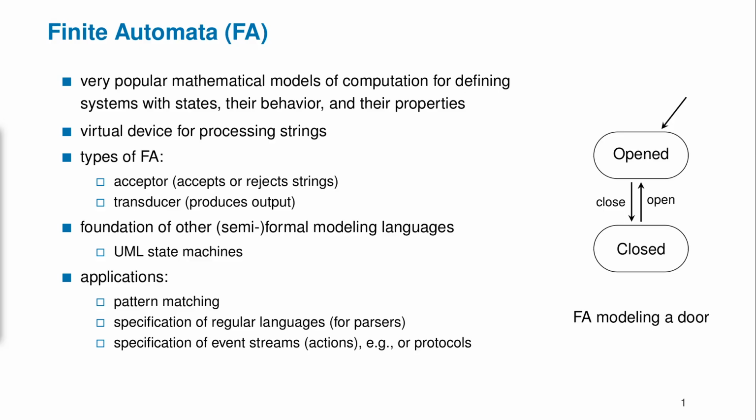So the question we are interested in is, given a sequence of actions, a trace produced by a program, is this conforming to the specification? And so here we are dealing with events or actions.